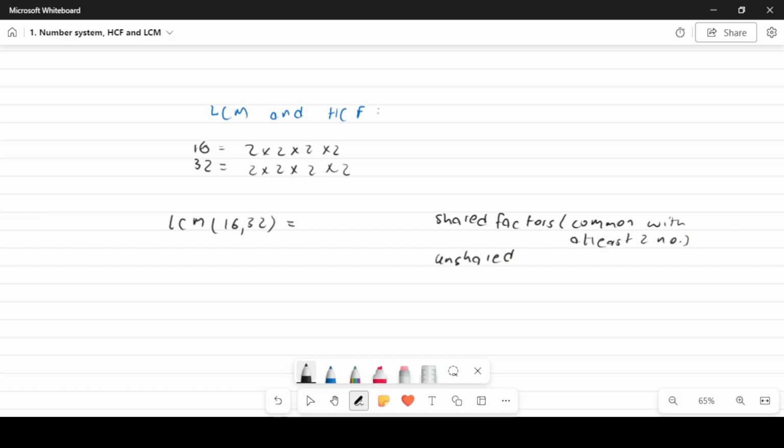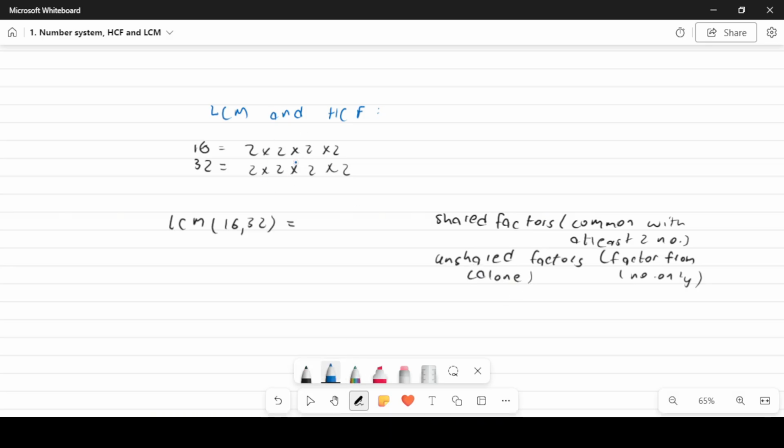Unshared factors means a factor from one number only. So basically it's a factor that is alone.